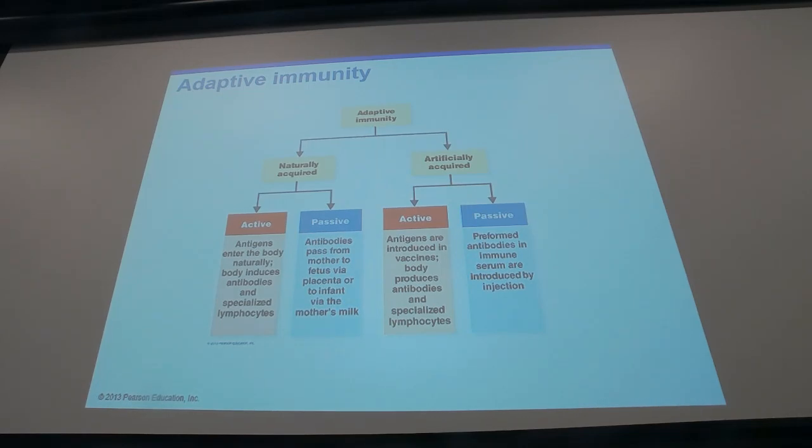And now, in passive, artificially acquired, it is when you have injection of antibodies produced by either an animal and they were purified and given to you, or maybe it was a clone of a lymphocyte.